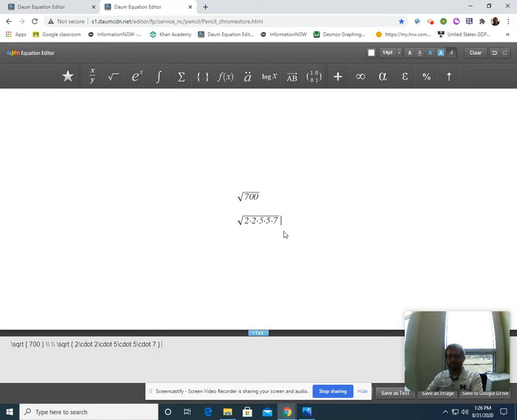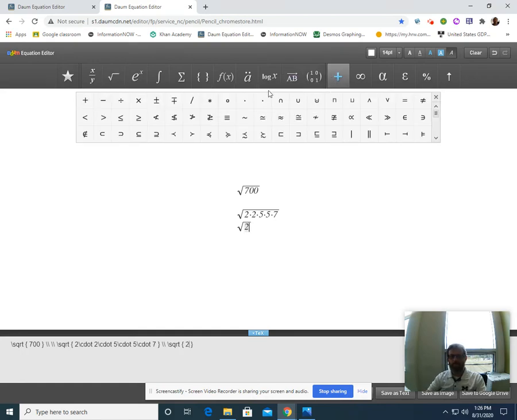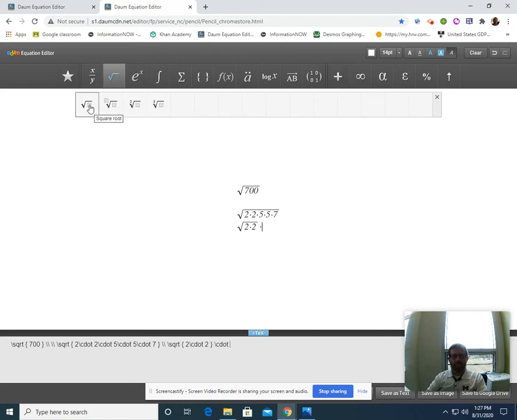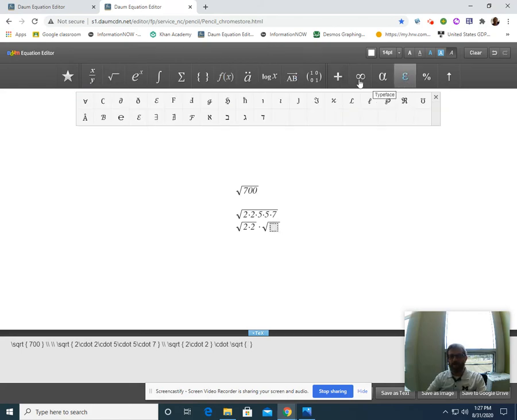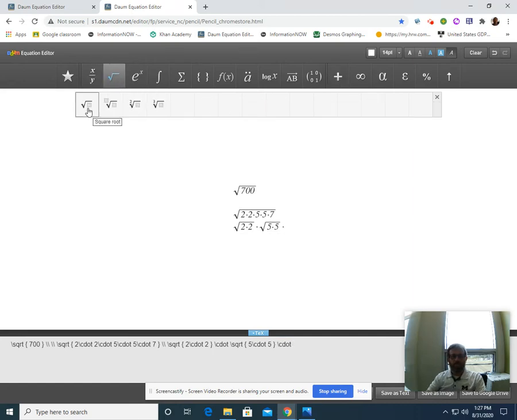Once you do that, you can break the square root apart. The square root can break into the square root of 2 times 2, times the square root of 5 times 5, times the square root of 7.